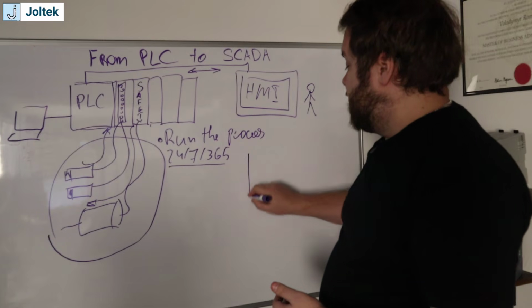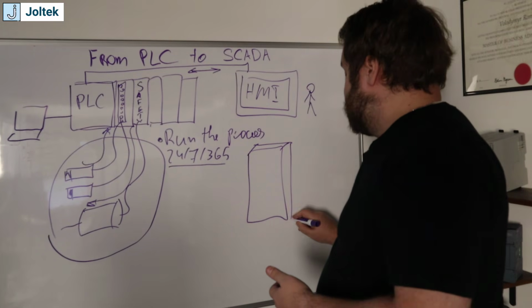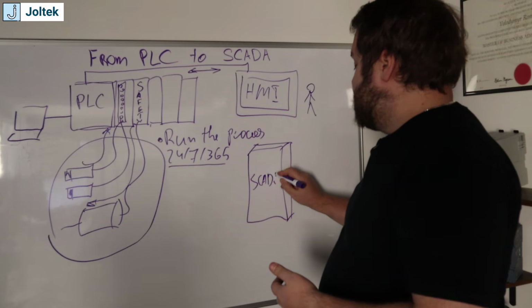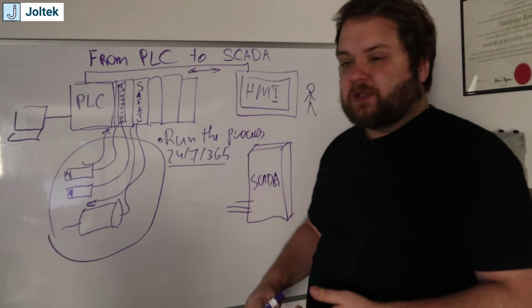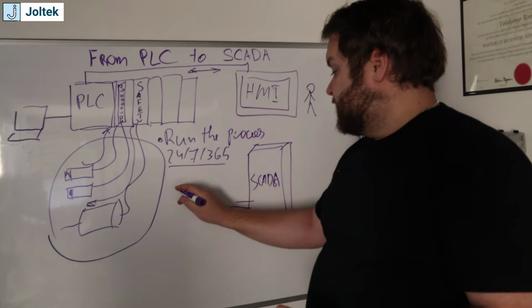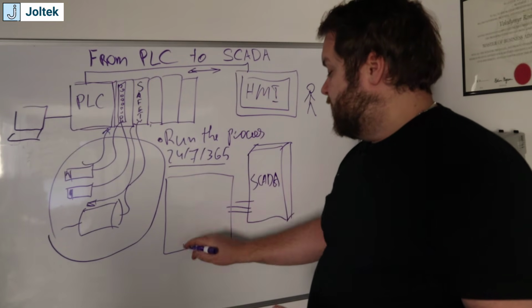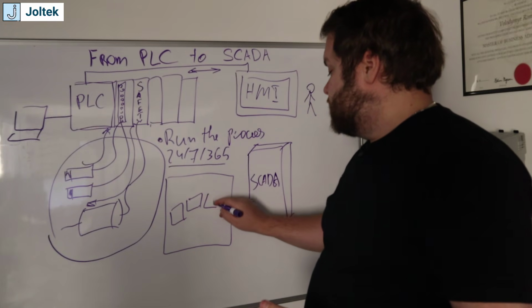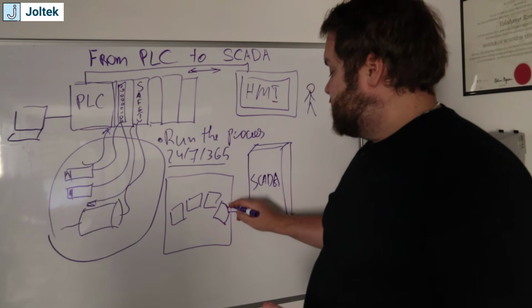So again, I'm going to create another drawing. So let's assume that the SCADA is going to run on servers first and foremost. So SCADA, and then SCADA will be presented to a number of terminals. If you have seen basically control rooms, right? So let's assume that this is a bigger room where you have multiple screens here. So you have 4 different screens that basically depict different areas.